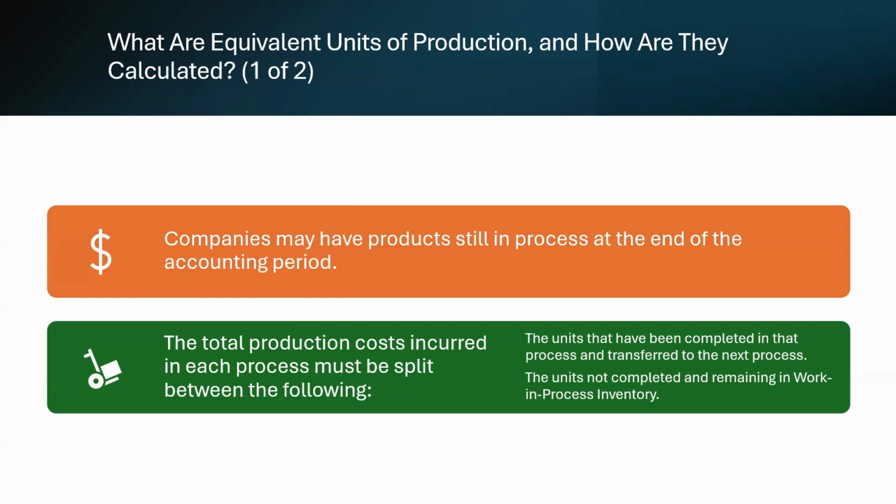The total production costs incurred in each process must be split between the units that have been completed in that process and transferred to the next process, and the units not completed and remaining in the work in process inventory.